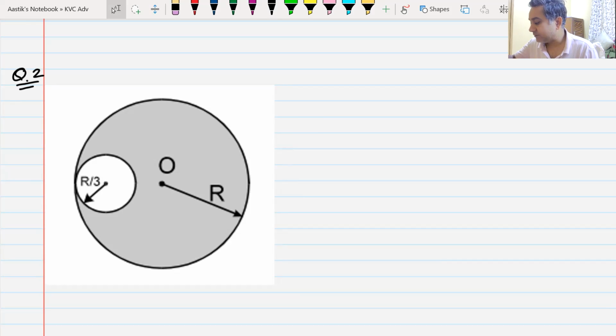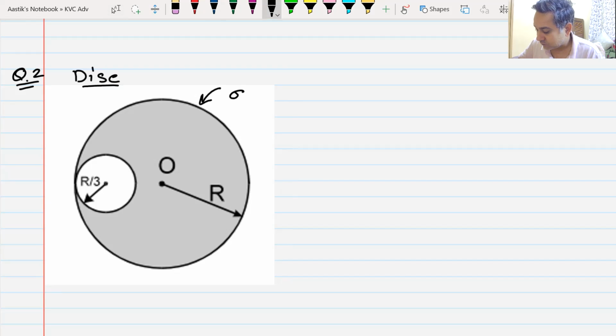Let us say that the mass density is sigma. You understand the meaning of sigma? Yes, sir. Mass per unit area.